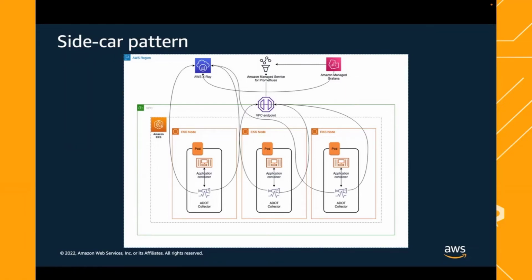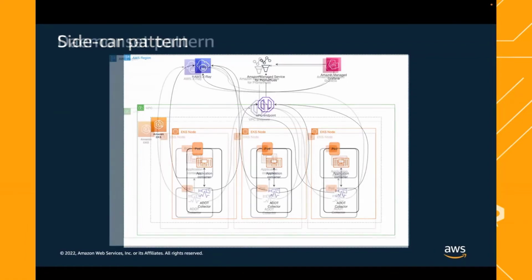So in this example, the ADOT collector is only scraping the local host in the pod's metric endpoint, and it is collecting all the information, sending it to Managed Service for Prometheus through a VPC endpoint, but also the application is configured to send traces to the ADOT collector, and those traces are being sent to AWS X-Ray. Both traces and metrics in this case are being visualized using Amazon Managed Grafana. This is the sidecar pattern.